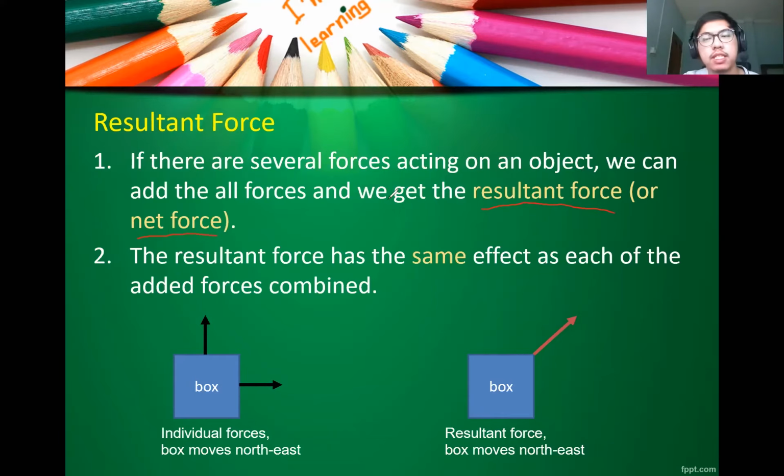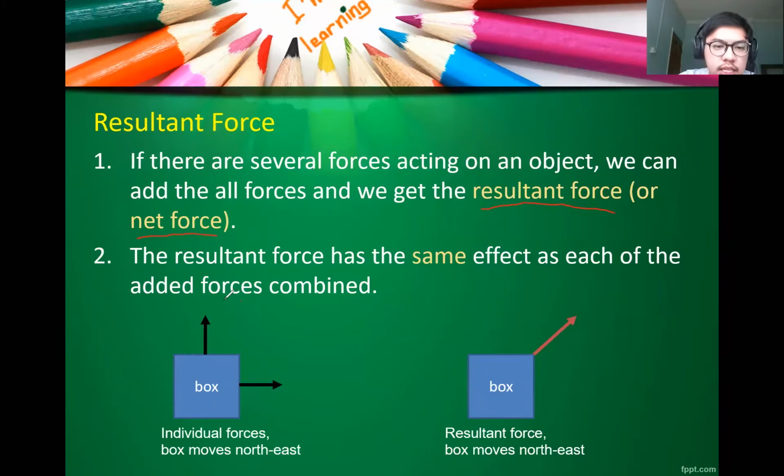You can think of them as one force, and this force is called the resultant force. The resultant force has the same effect as each of the added forces combined.